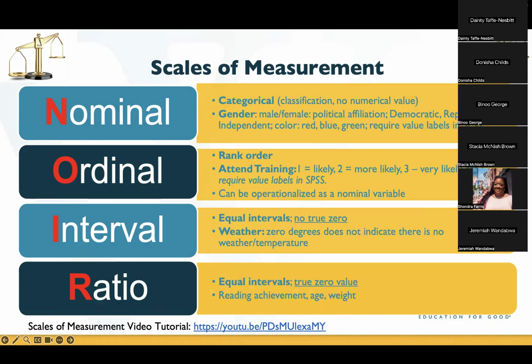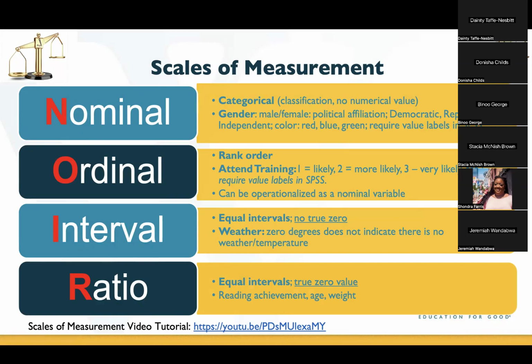For example, we are going to clearly see that if we want to run a certain graph, for example, a pie chart, the data has to be nominal. So you get the gist, again, just understanding that there is a relationship between the scales of measurement and pretty much any and everything that you would do in SPSS. Okay?